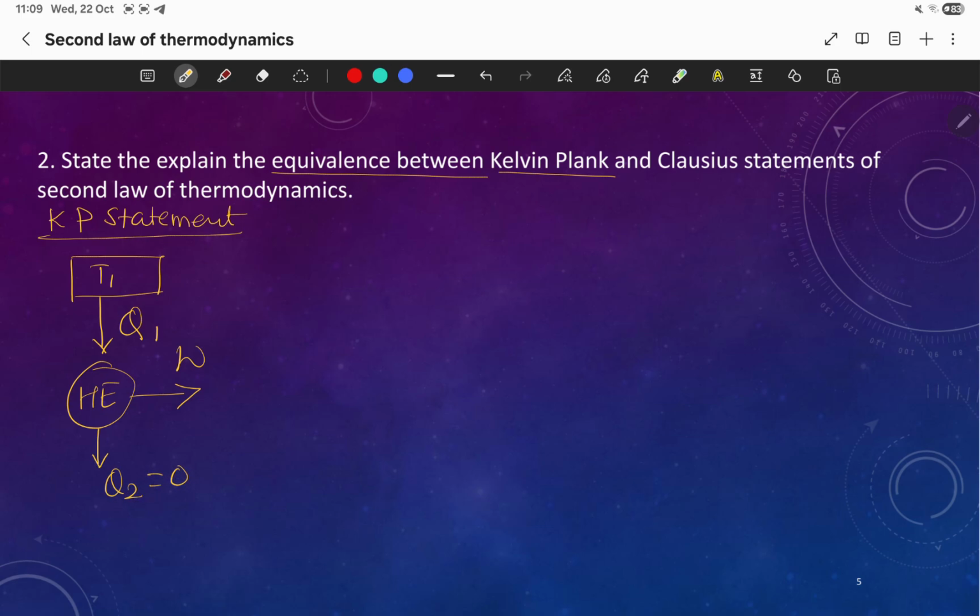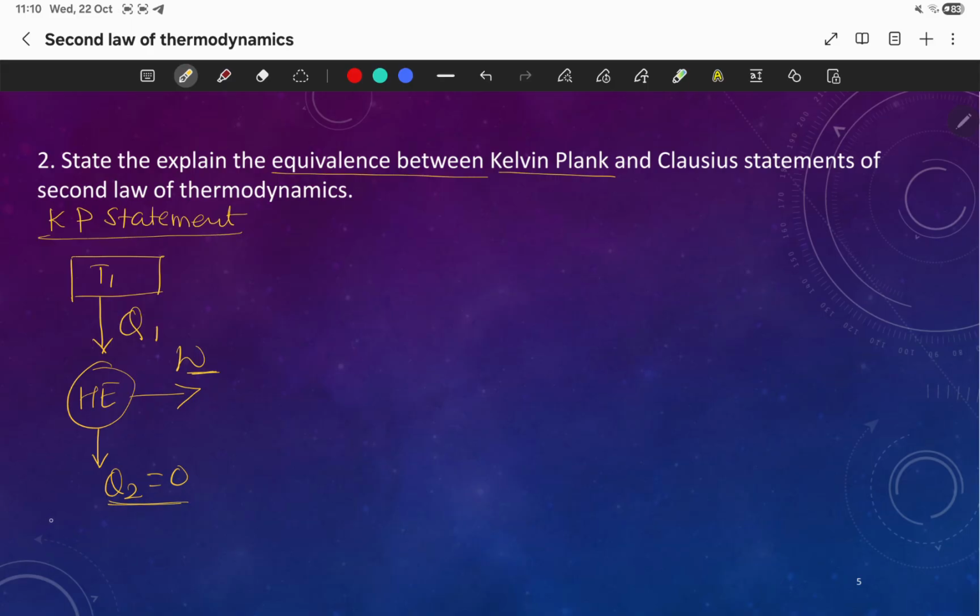So it says it is impossible to develop a device operating on a cycle which produces work continuously while exchanging heat with a single reservoir. So this is impossible to achieve. What it says is that Q2 will be 0 here in the Kelvin Planck statement.